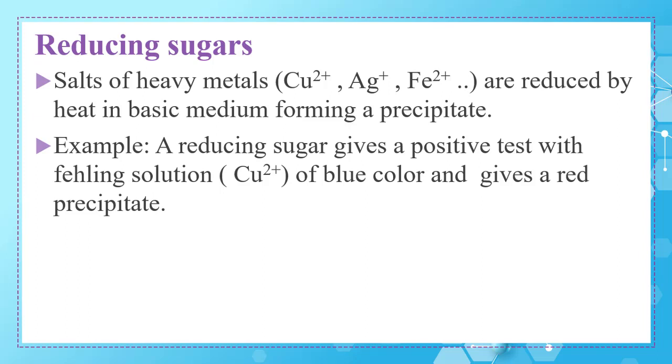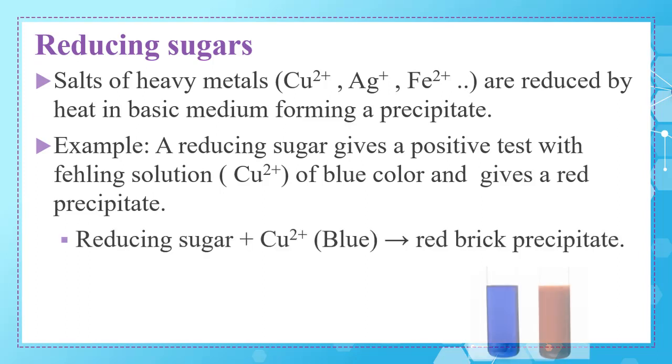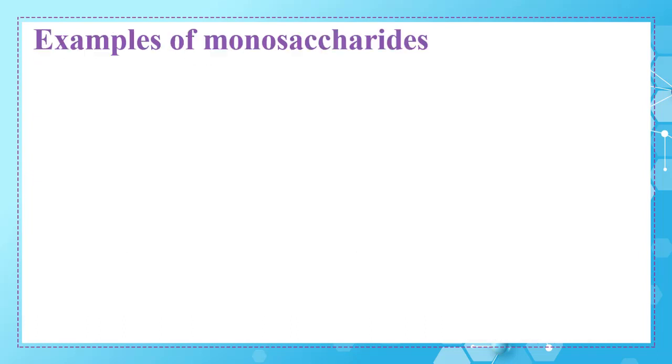So Fehling solution has a blue color. In the presence of a reducing sugar, it gives a positive test, meaning that it gives a red precipitate. So you have to study that a reducing sugar plus Cu2+ of a blue color gives a red brick precipitate. The appearance of this red brick precipitate indicates the presence of a reducing sugar.